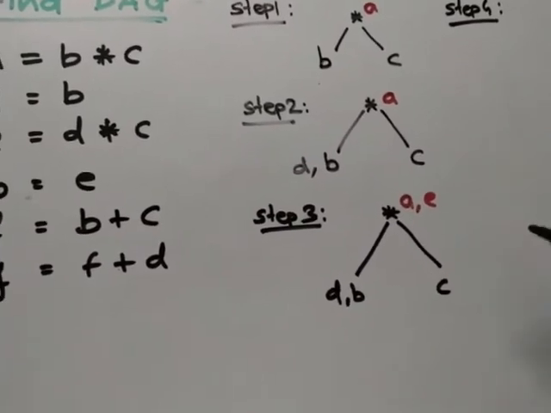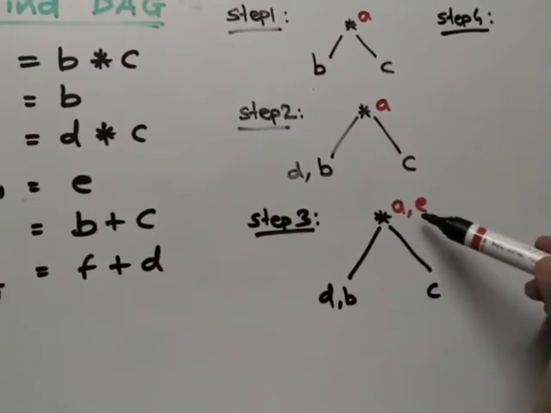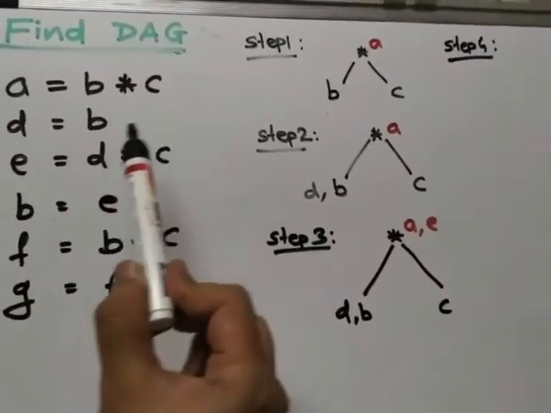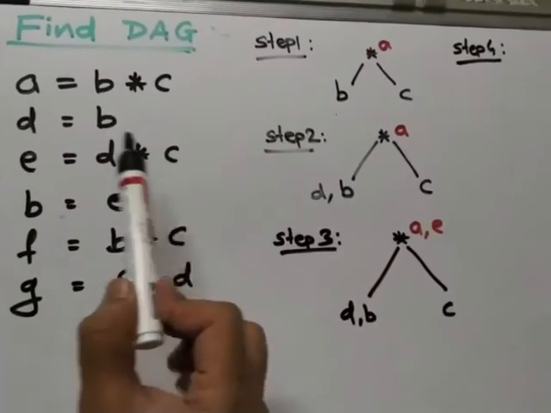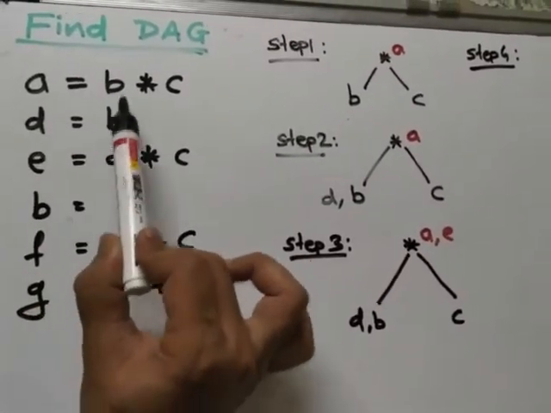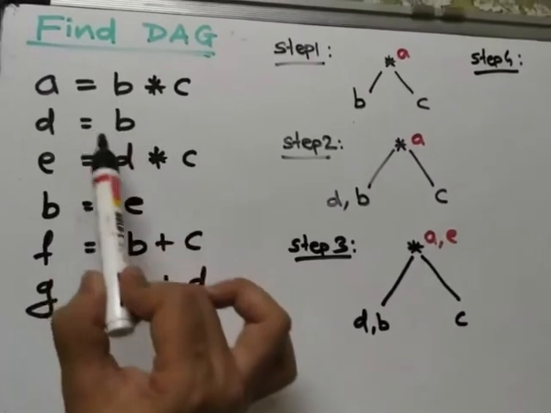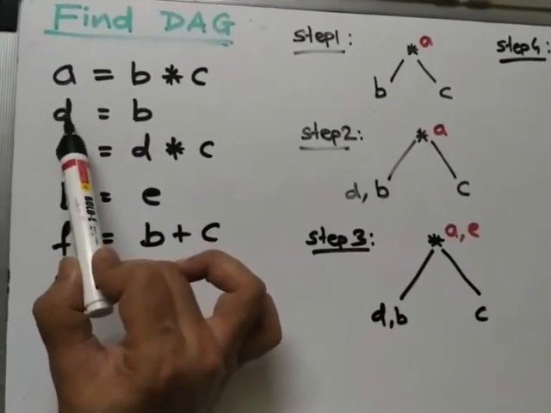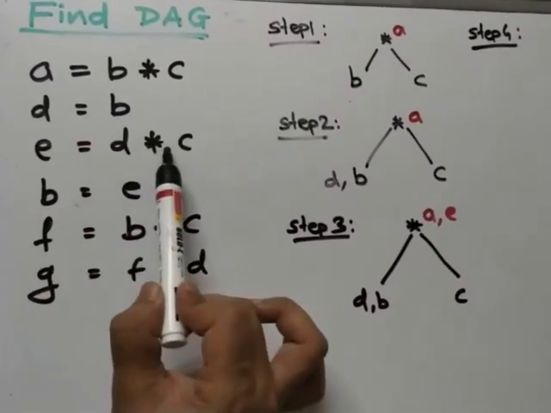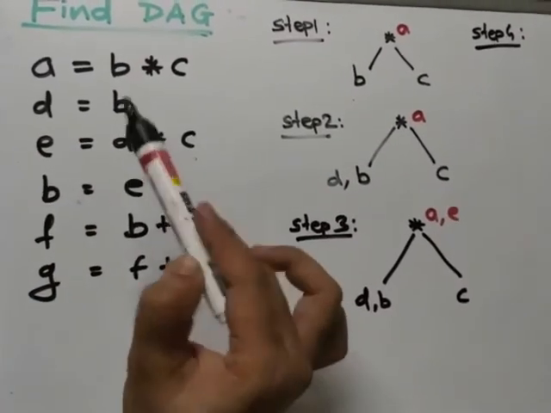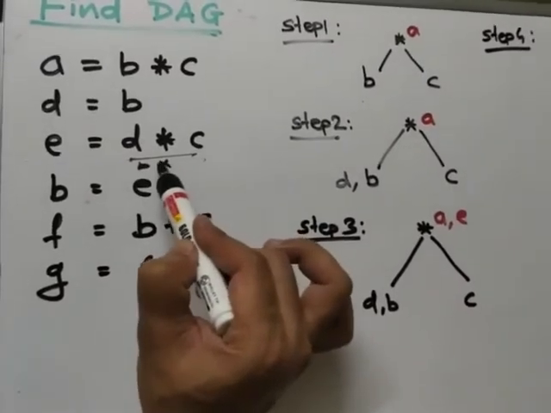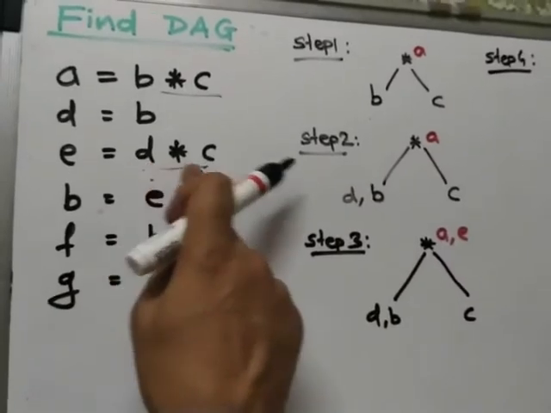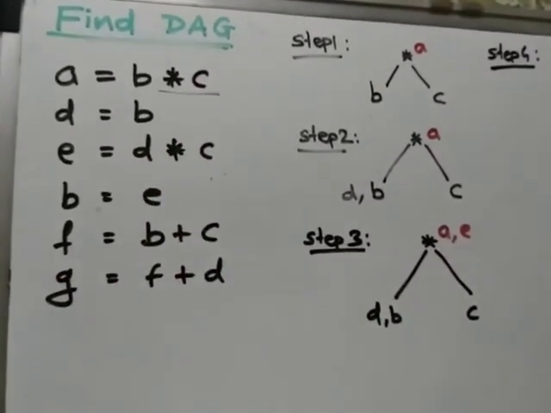This is called the code optimization process, because B is denoting the E, and here D equal to B, and after that D star C is there. Actually if B star C is already present, there is no need to introduce the new variable D here, which is again representing the same result, because in this expression if I put D as B, I will get the result B star C, and I have already stored B star C into A. So this is called a dead node, dead code.